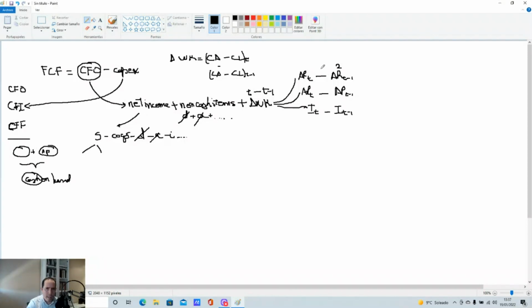You will see this in an example. What happens, for example, if you have an account receivable in the previous year of 2, and an account receivable in the current year T of 4? That means that your account receivable has increased, which means that in a context in which we are experiencing a growth in sales, a great part of those sales are not paid in cash.